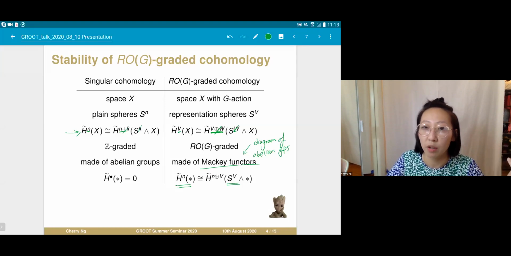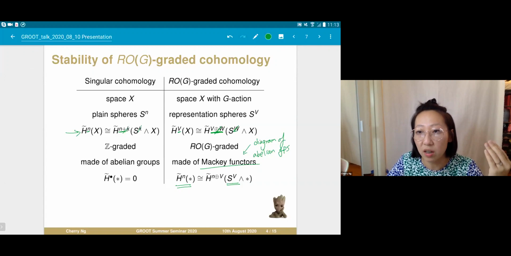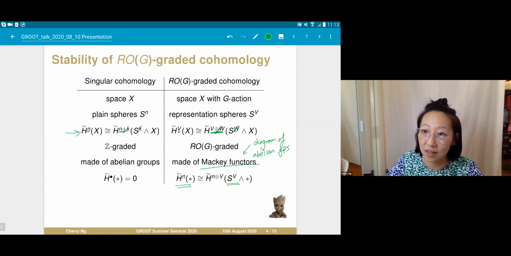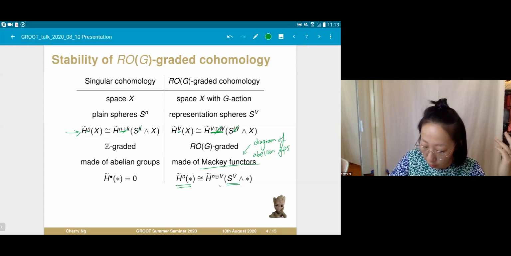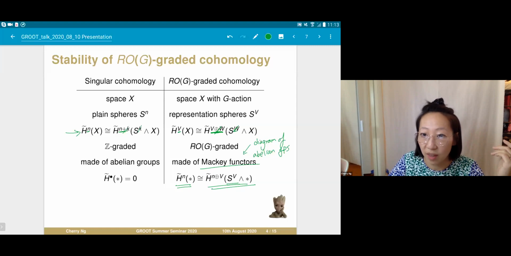And so you may be wondering, why would I want to do spheres instead of a point? That seems more complicated, not less complicated. And the way that I think about it is that the spheres have convenient properties for computation that make it better to compute on this side. And I'll show you some examples of that later.